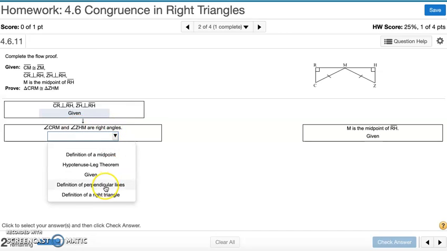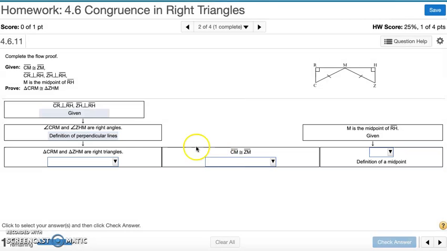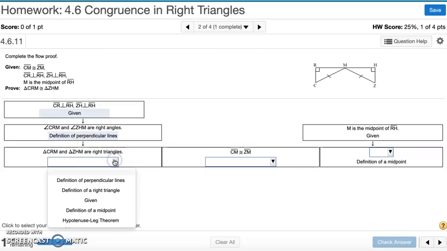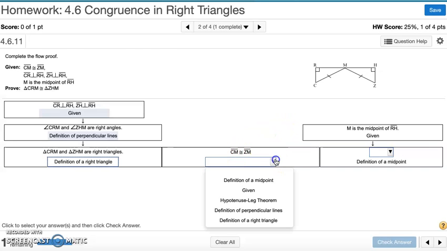So that's the definition of perpendicular lines. Now, we're saying that the triangles are right triangles because that's the definition of a right triangle, because there are right angles in it. Here, CM is congruent to ZM, and that is given.